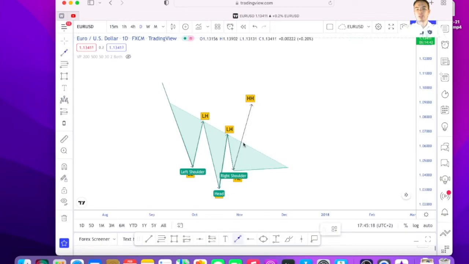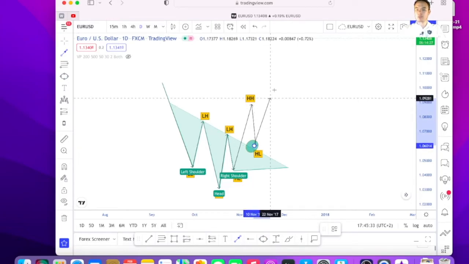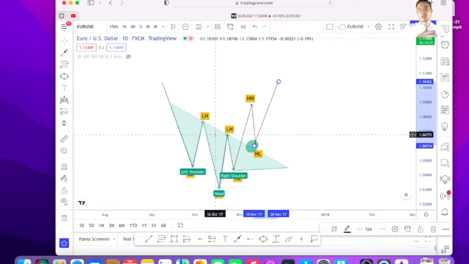What do we need to wait for? We need to wait for price to retest around this area and form a higher low. So we would like to buy around this area over here. We'd like to buy because remember your market structure was a downtrend, now it's a new uptrend, so you need to look for buying opportunities.